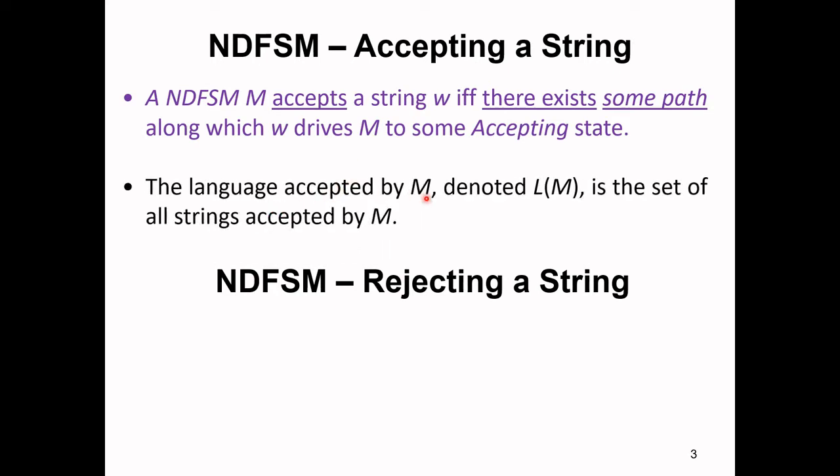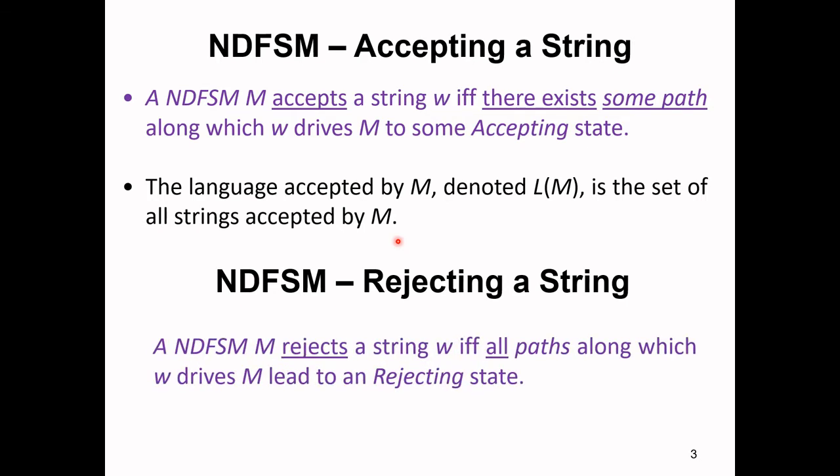The language accepted by M, denoted by L(M), is the set of all strings accepted by M. Similarly, an NDFSM M rejects a string W if and only if all paths along which W drives M lead to a rejecting state. In the definition of NDFSM, we stated that every element of delta contains a pair of state and input symbol or epsilon going to a new state.